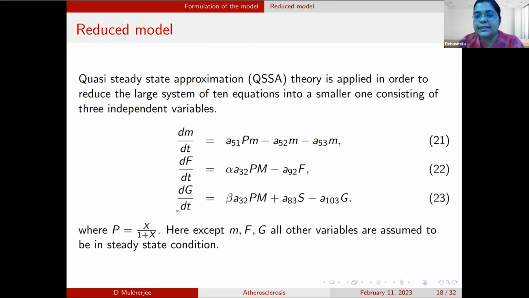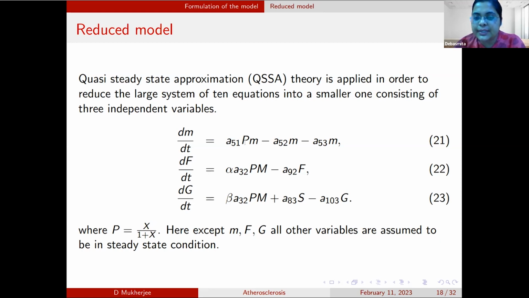Now, as this is a 10 equation model, further numerical investigation is a little bit difficult. So that's why we have used a reduction technique. We have used quasi steady state approximation theory, and here I have assumed all other cellular species are in the steady state condition. So with monocyte, foam cells, and collagen, only these three equations are taken forward for further investigation.